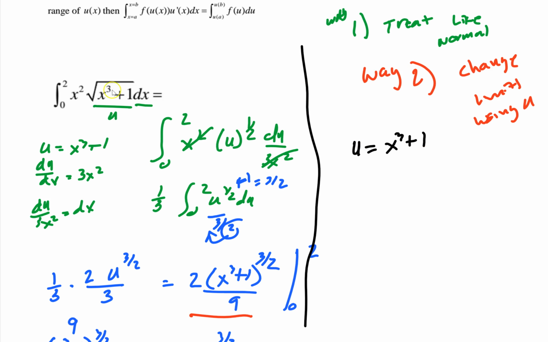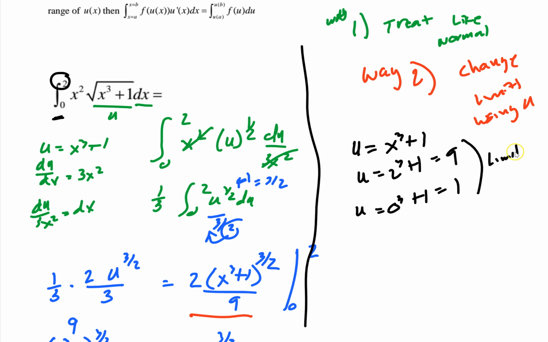What's going to change is this: we have 2 there, so let's plug that in, so I get a 9. And we have a 0 there, plug that in, so I get a 1. These are the new limits.